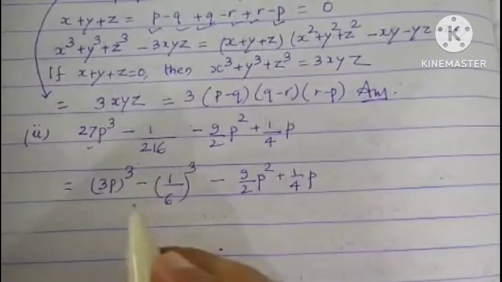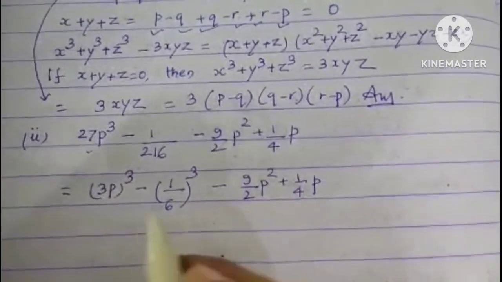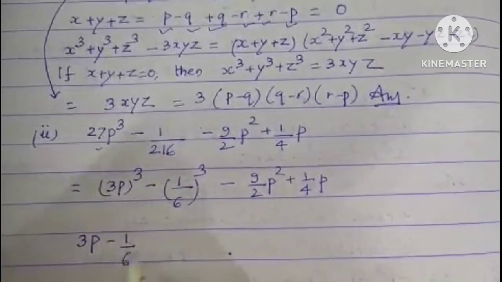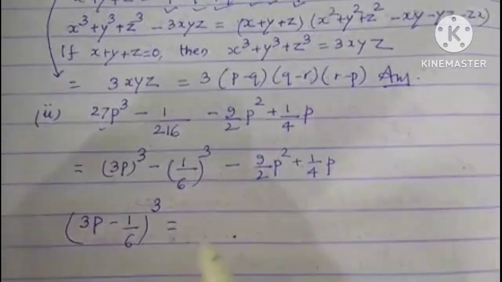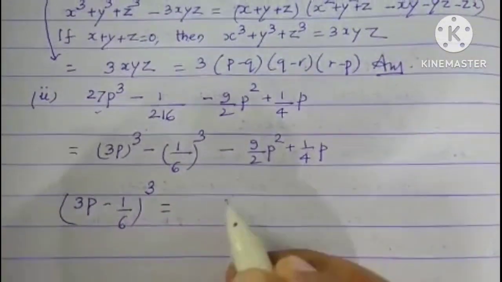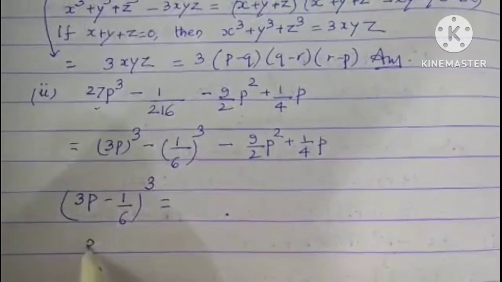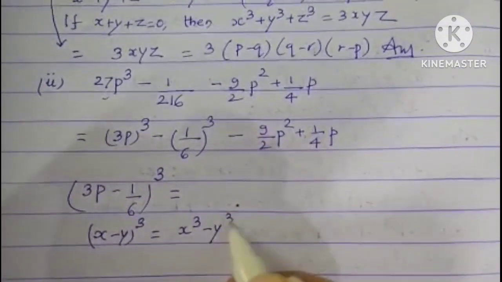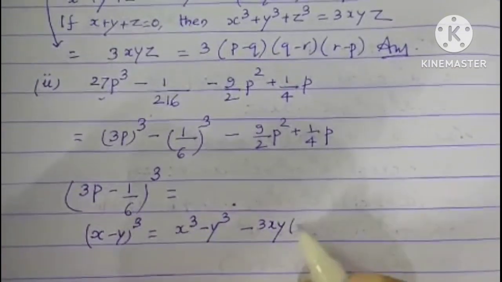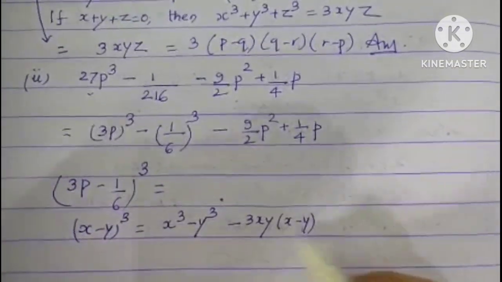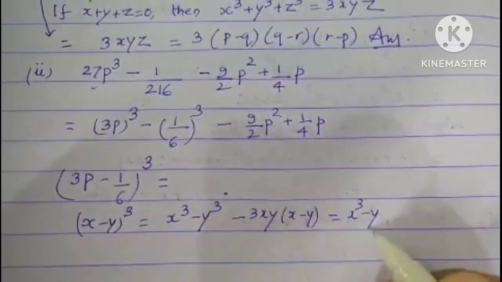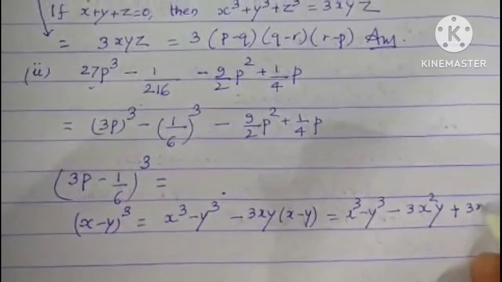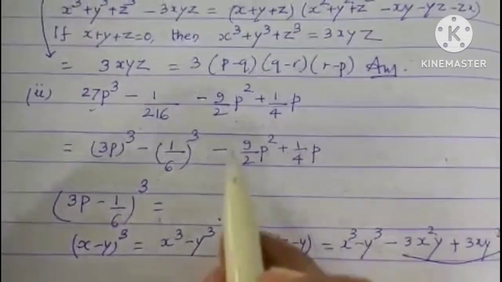But when you see this, it is the expansion of 3p minus 1 by 6 whole cube. If you do this, you will get x minus y whole cube equal to x cube minus y cube minus 3xy into x minus y. And when you break this one, you will get x cube minus y cube minus 3x square y plus 3xy square.